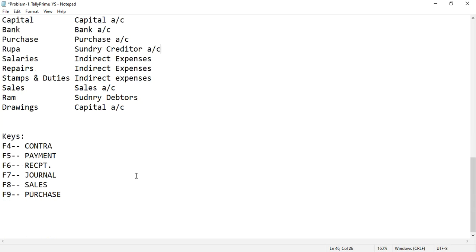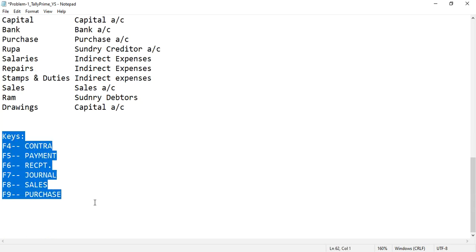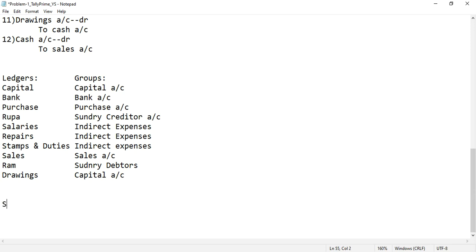Guys, here is one very important thing everyone needs to remember. Don't confuse between sundry debtors and sundry creditors. Creditors are nothing but vendors or suppliers from whom we will be purchasing the goods. They are called creditors. And debtors are nothing but wholesale dealers or straight away customers.